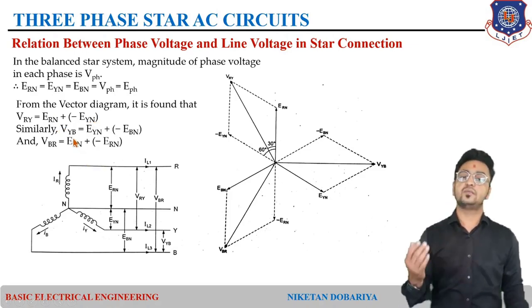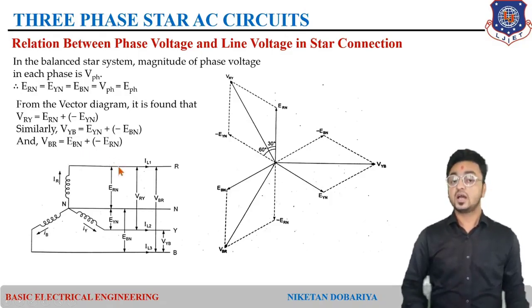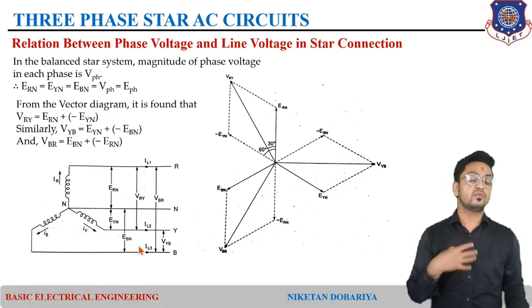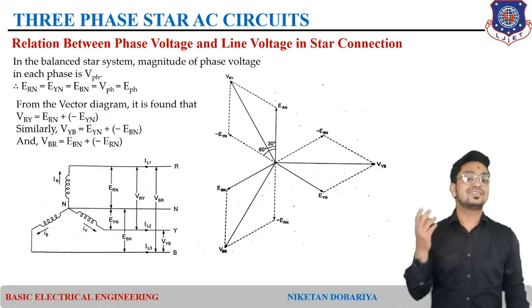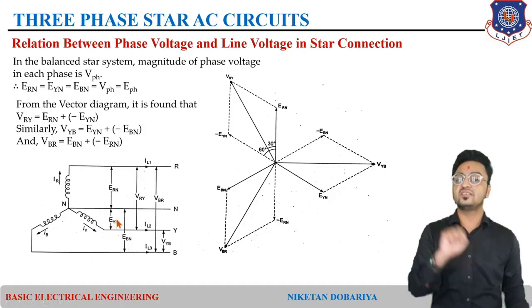Similarly, if we define the second voltage VYB, that will be EYN minus EBN. Similarly, VBR is EBN minus ERN. And if we plot the phasor diagram for this relation, we know the three phase voltages have the same value and equal phase displacement.